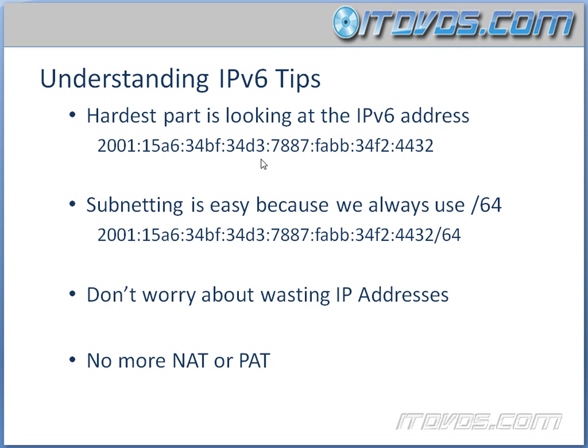Let's get to the good news. Subnetting is a piece of cake with IP version 6 because we're always going to use a /64. So with IP version 4, we would have maybe some subnets were a /24, some were a /30, some were a /16. And we know, because we've learned how to subnet with IP version 4, that it wasn't easy.